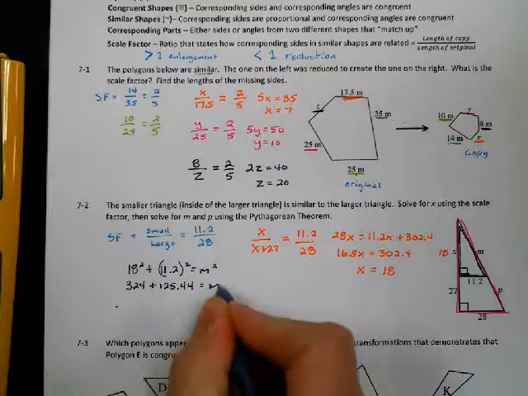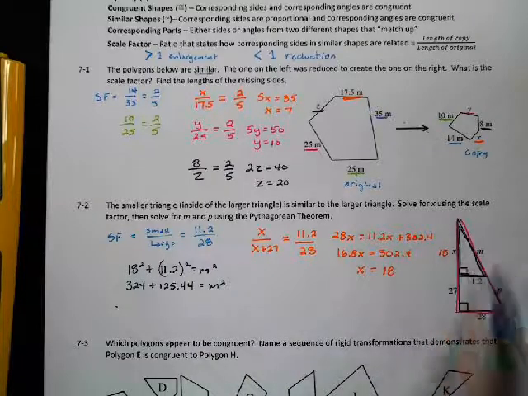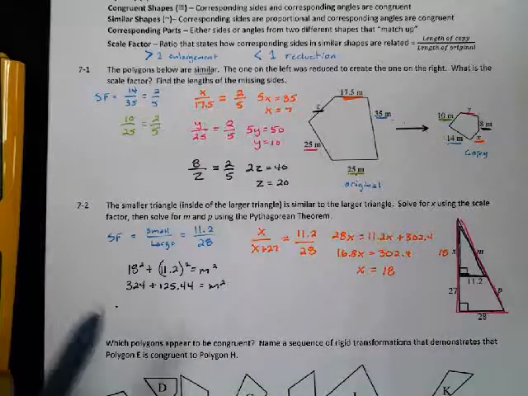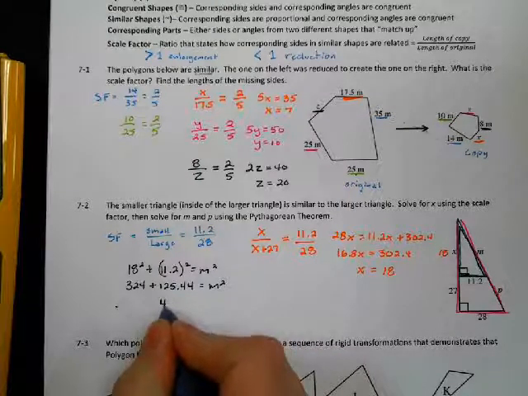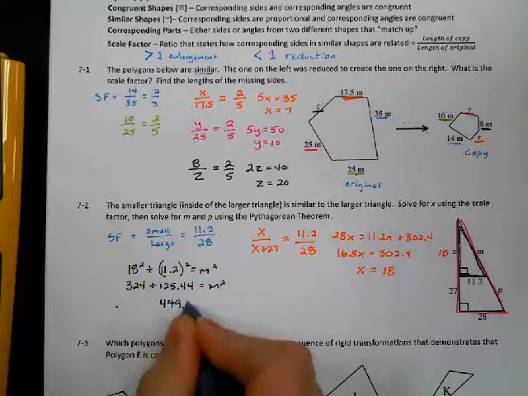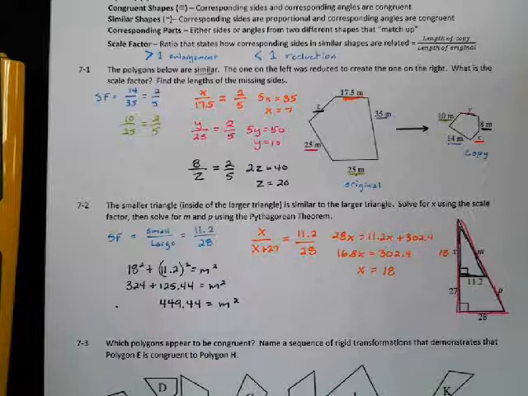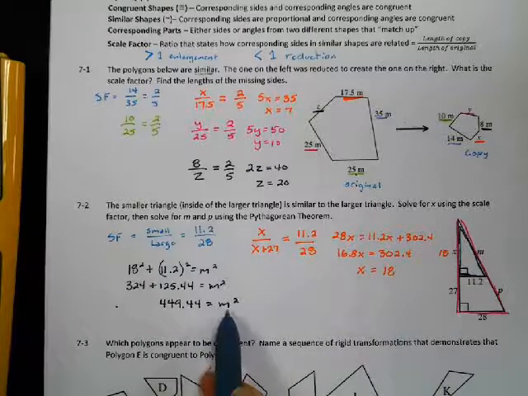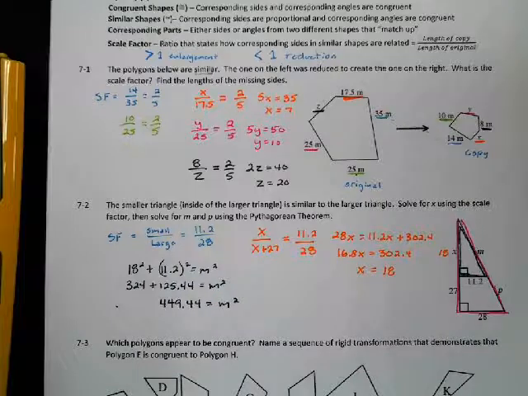Using the Pythagorean theorem, a squared plus b squared equals c squared. So we're going to add 324 and 125.44, and we get 449.44. Okay, so at this point, I want m, not m squared. So in order to get m by itself, what we should be doing is taking the square root of both sides.